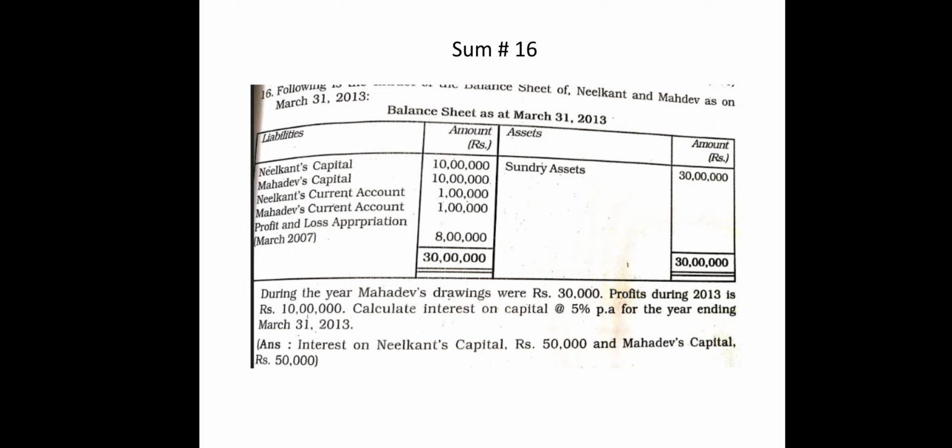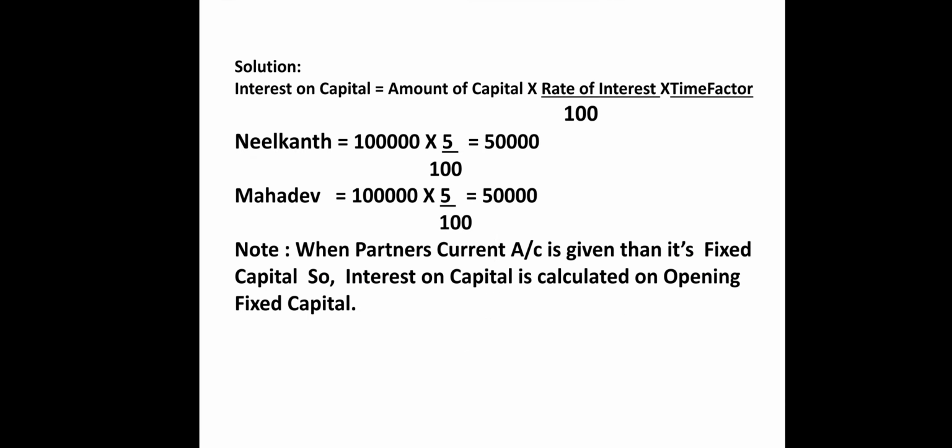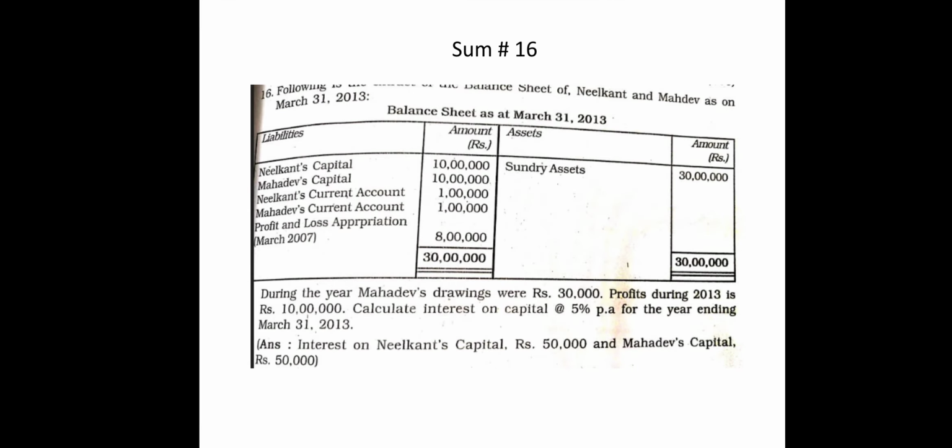Now comes the next sum, sum number 16. Following is the balance sheet of Nilkanth and Mahadev as on 31st March 2013. The balance sheet is given, as you can see over here. Nilkanth's capital is 10 lakhs, Mahadev's capital is 10 lakhs.